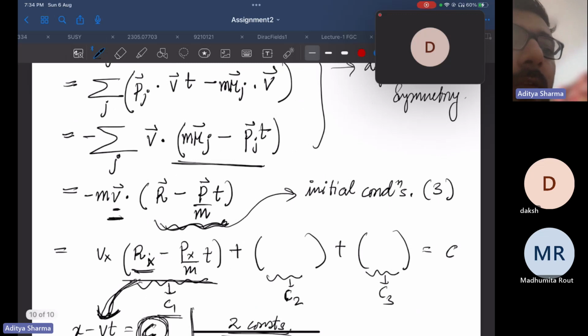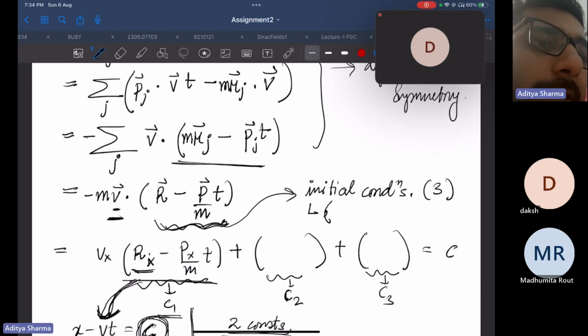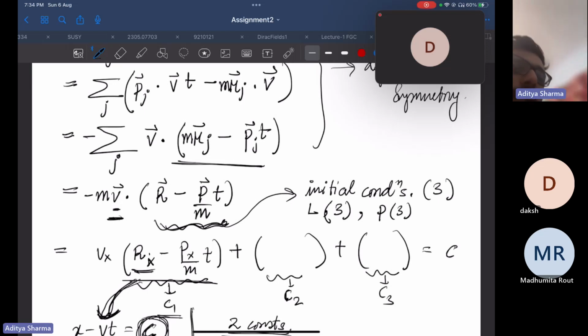Initial conditions three, and you have found angular momentum in three directions. So three angular momenta, and what did you find? Momentum in three directions for an individual particle. You found three. Okay.